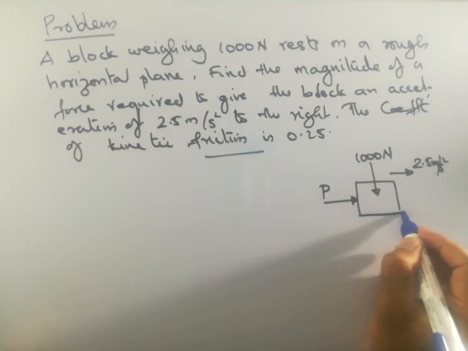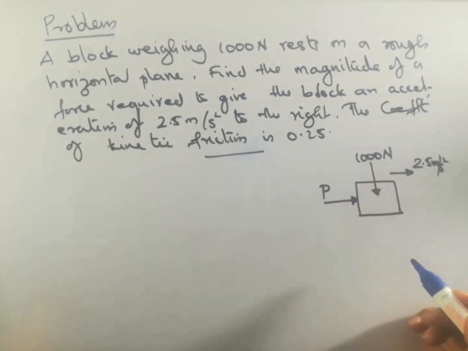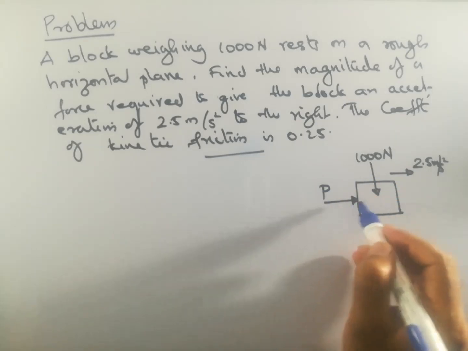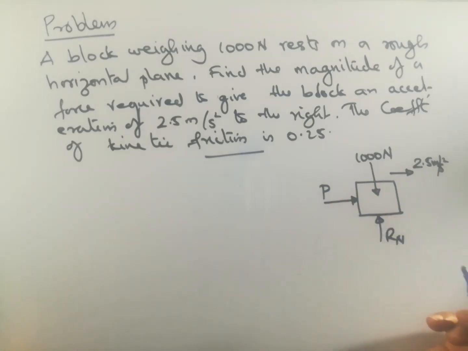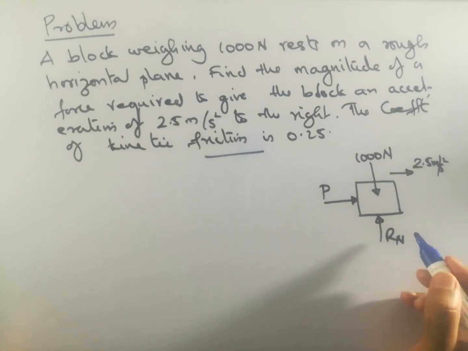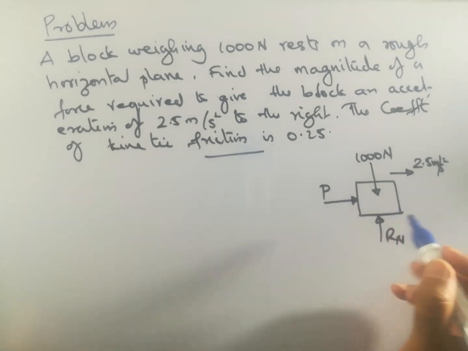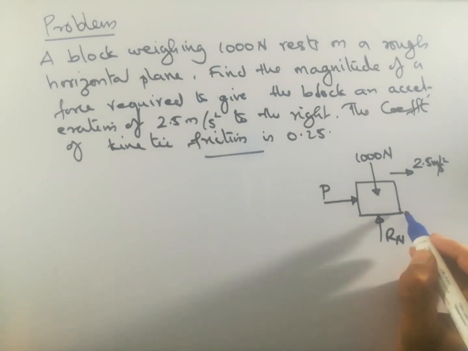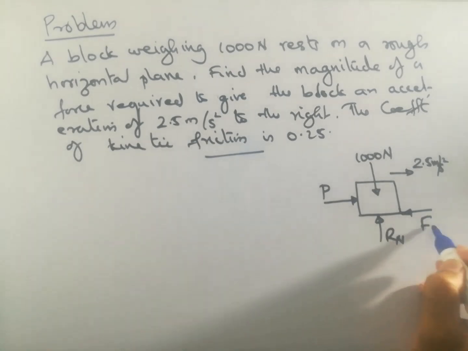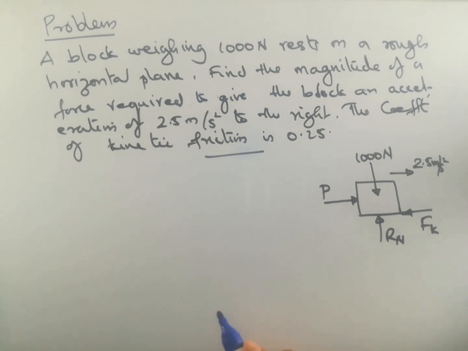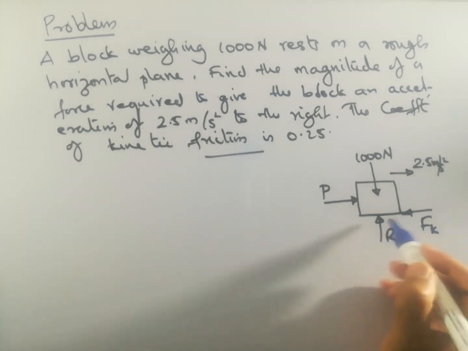So the block is there, its weight is acting, a force P is applied, the normal reaction produced by the floor, and of course as this force is applied and it is resting on a horizontal rough surface, there will be a frictional resistance, a kinetic friction Fk, and it will be acting in this direction.